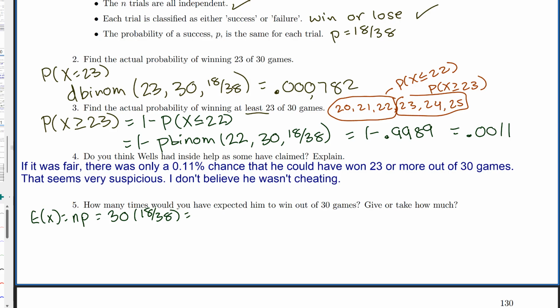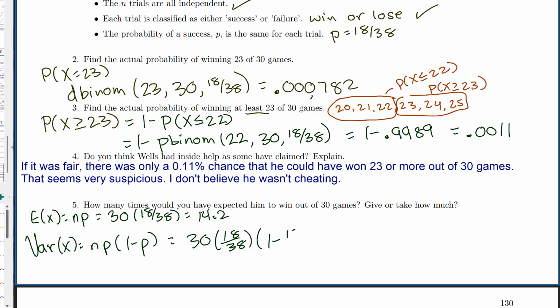So this gives me 14.2. And the variance of x equals np times 1 minus p. So we get 30 times 18 out of 38 times 1 minus 18 out of 38, which gives me 7.5.